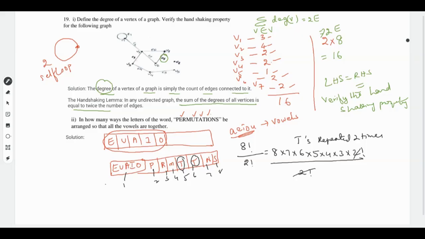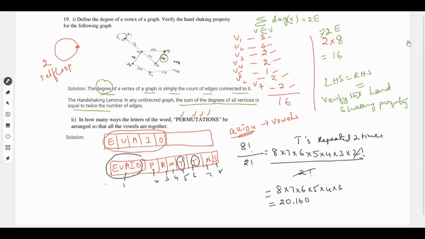So we get the multiplication 8 into 7 into 6 into 5 into 4 into 3, which gives 20,160.